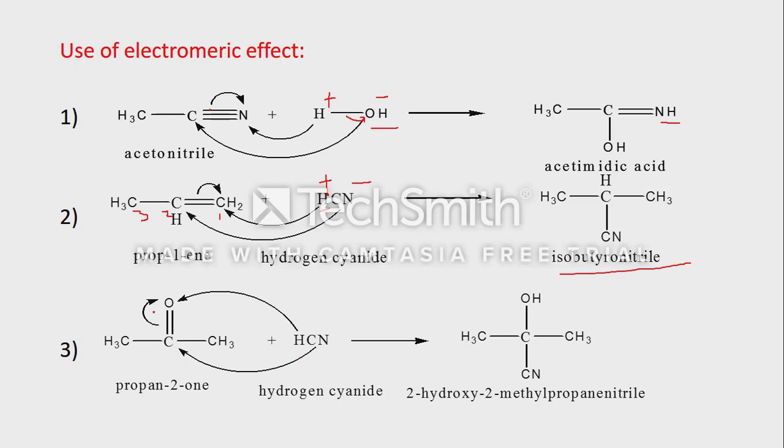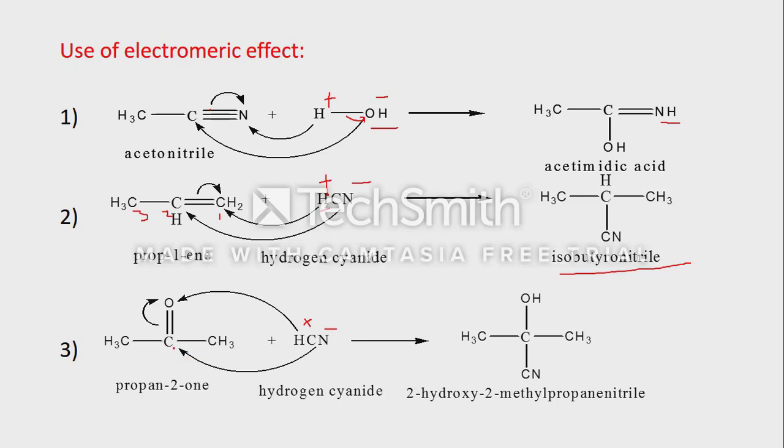Same for the third example, propanone. The pi bond is shifted onto oxygen, then the positive hydrogen attacks the oxygen to form an OH bond, with CN negative on this side.